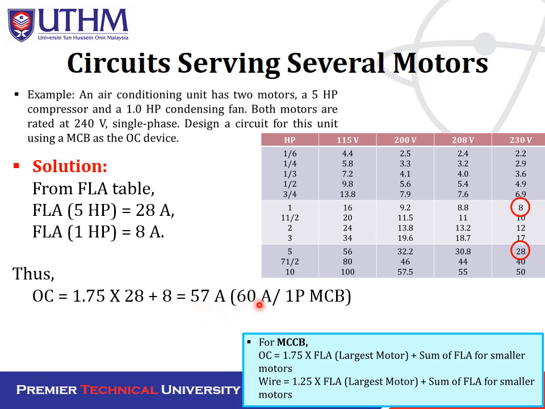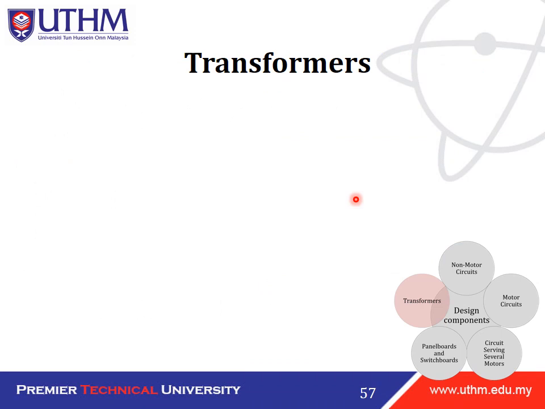So we use the 60 amp one pole MCB. And then for wire, it is 1.25 times the largest motor FLA 28 amp plus the smaller motor 8, so we have 43 amp.